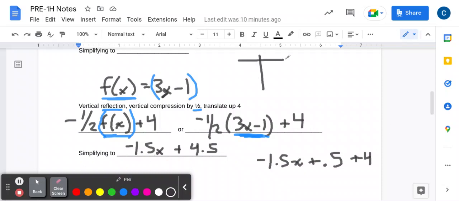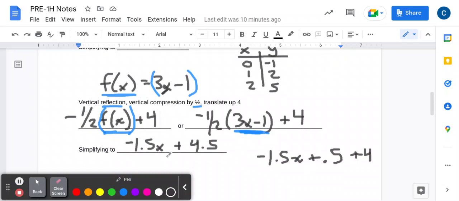So again, our original function, 3x minus 1, we have 0, negative 1, 1, 2, 2, 5, so on and so forth. Plot any point you want. Our new function, negative 1.5x plus 4.5. Well, let's look at what we have table-wise here. 0.